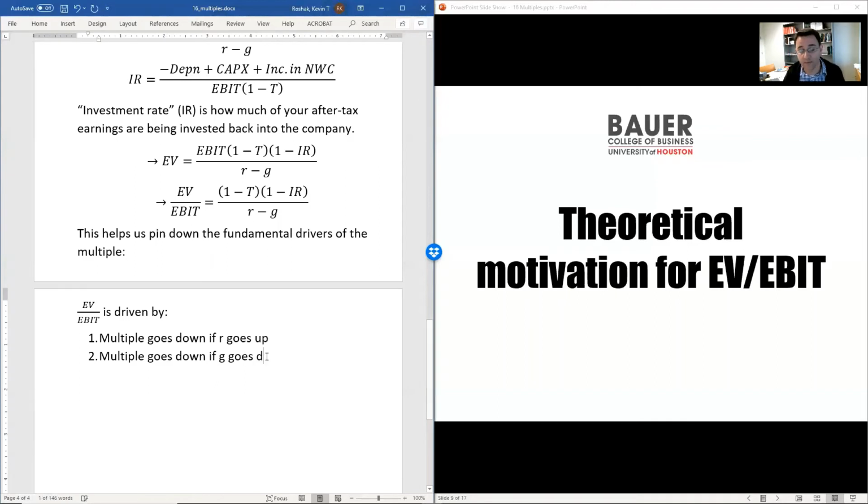If R goes up, then the denominator gets bigger. That means your multiple is going down. If G goes up, that means your denominator is going closer to 0. That means your multiple is going up.